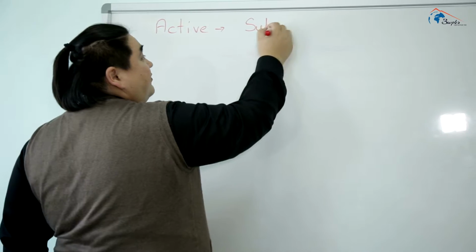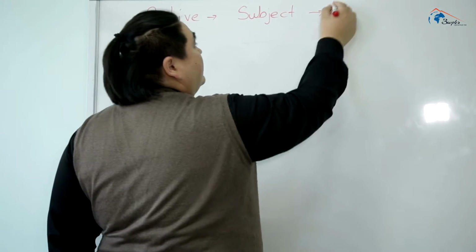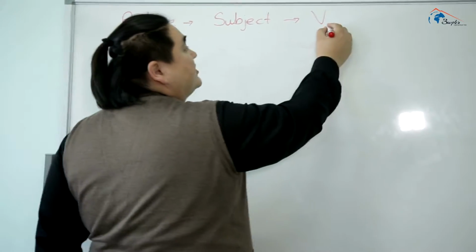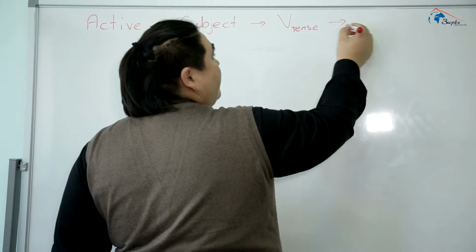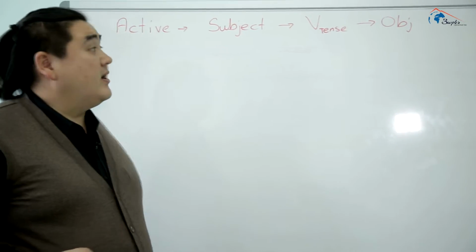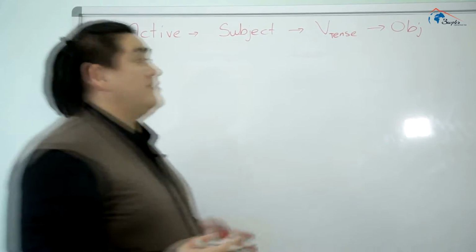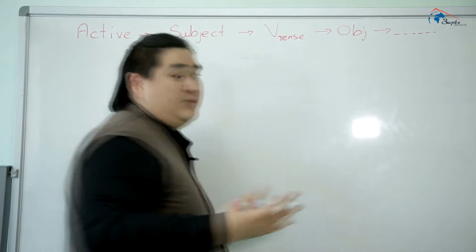So, an active sentence should be something like this. The subject of the verb, followed by any kind of verb with its tense. And then we have the object of the verb. And then we have the rest of the sentence, any kind of place, time, and so on.